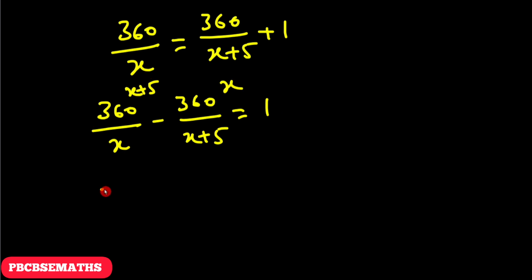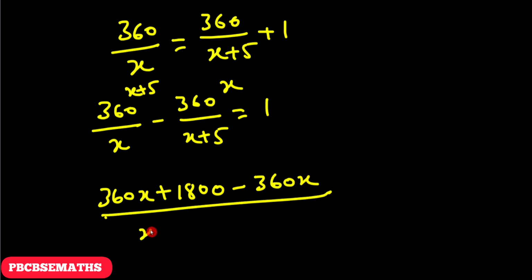360 into x we get 360x. 360 into 5 gives us 1800, and here minus 360 into x gives us negative 360x, divided by x times x plus 5, equals 1. Minus 360x plus 360x gets cancelled.